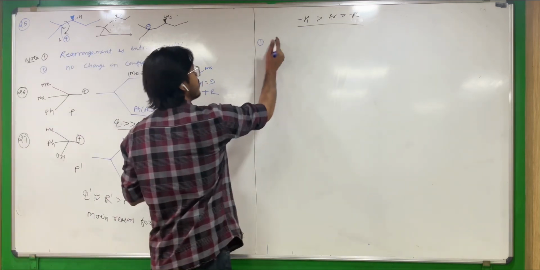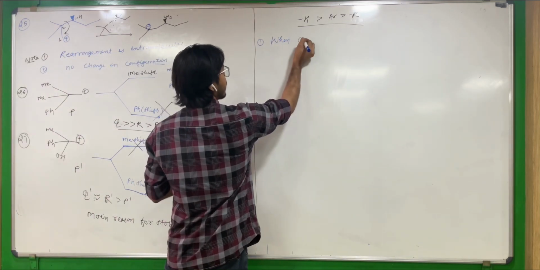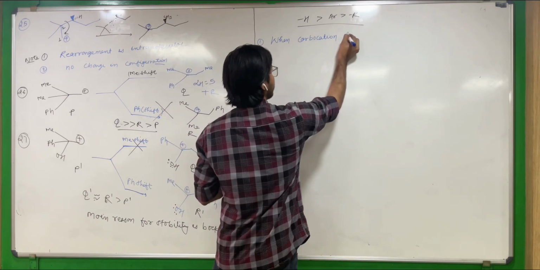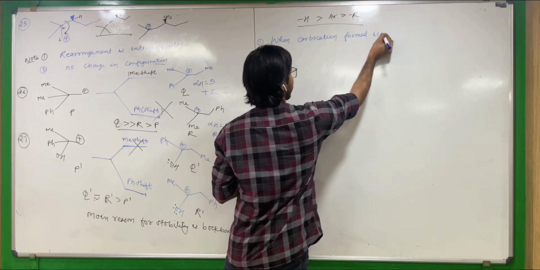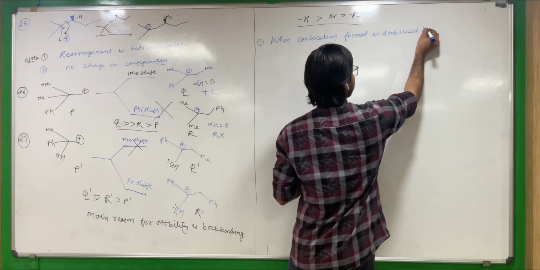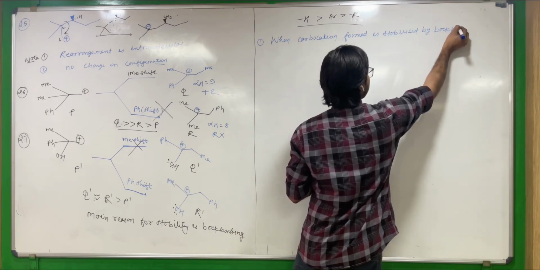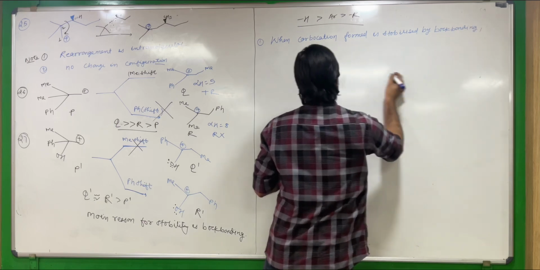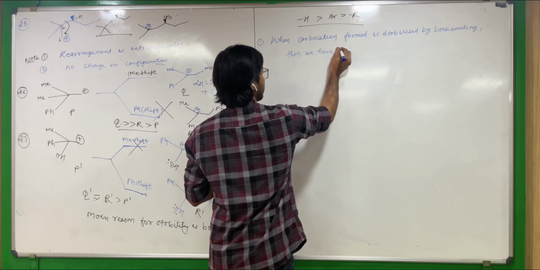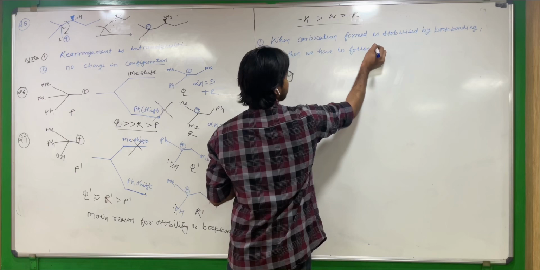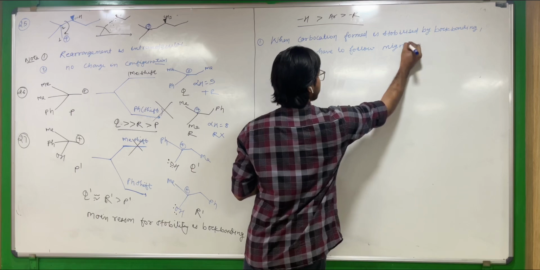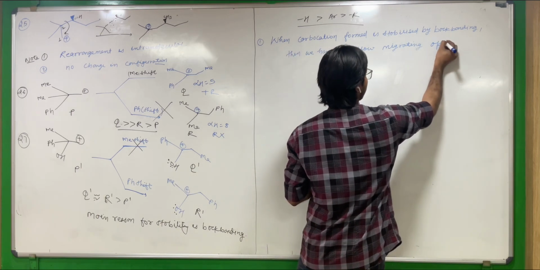When the carbocation formed is stabilized by back bonding, then we have to follow the migrating aptitude order.